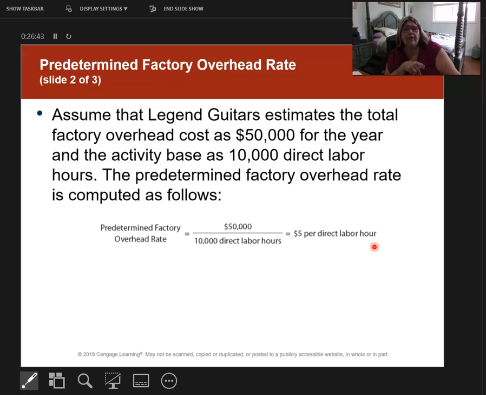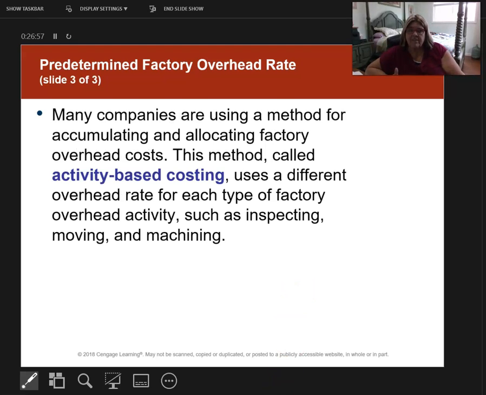Now I will know the actual labor hours because I have direct labor hours being brought in. But $5 per each is how I'm going to do it. And so once we do this predetermined, remember this is strictly a guess before it's happened. Okay, so we're going to basically do something called activity-based costing. And we'll talk about that in another chapter.